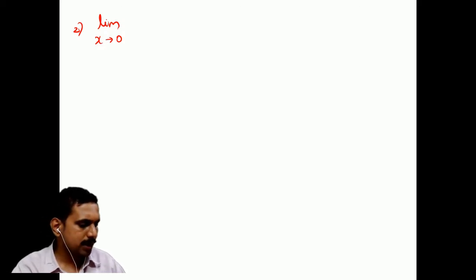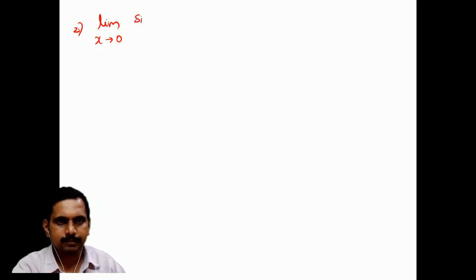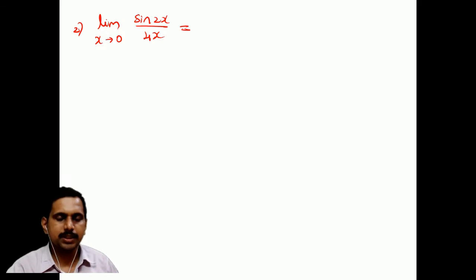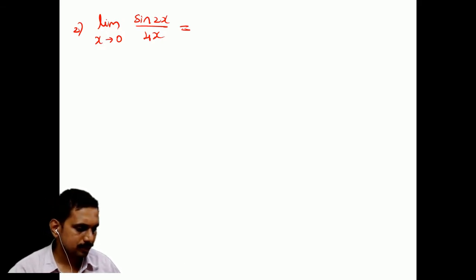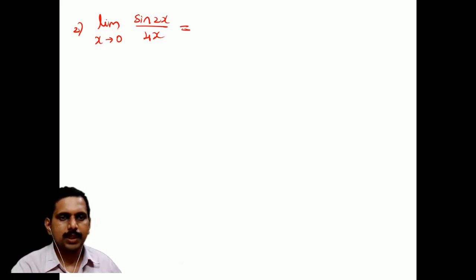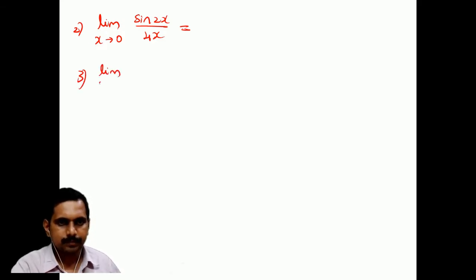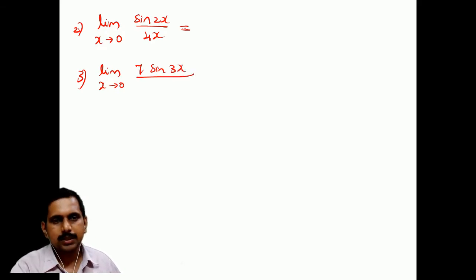Okay, so now let us solve this problem. Limit of sine 2x by 4x. Can you tell me the answer for this, students? Solve this and tell me the answer. Then the third problem could be limit x tending to 0, 7 sine 3x divided by sine 7x.